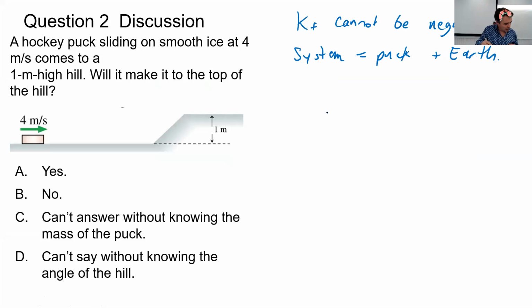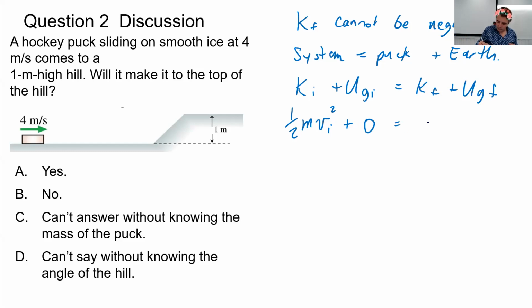And so you've got K initial plus U_G initial equals K final plus U_G final. There's no work done on that system. So 1/2 m v initial squared plus 0 is equal to K final plus m g times h final.